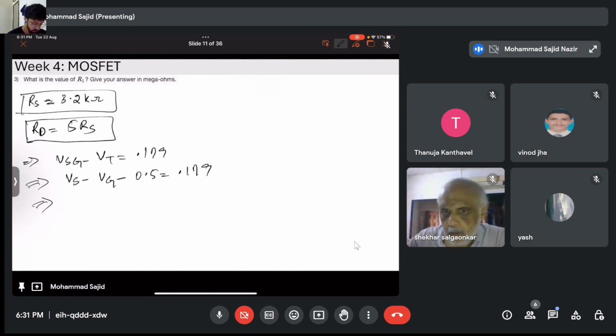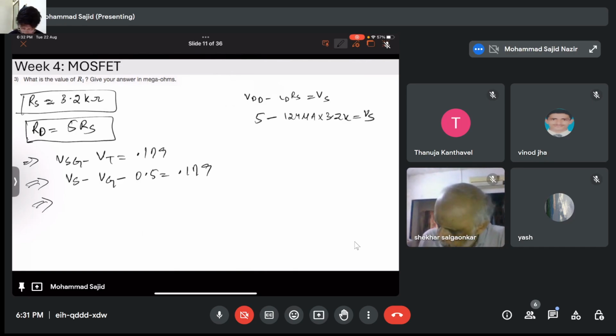Do we have Vs in our hand? We can calculate now, right? This is VDD minus ID Rs is equal to Vs, right? So that means 124 microampere multiplied by 3.2 kilo ohm is equal to Vs. When you calculate it, 0.124 milli multiplied by 3.2 comes out to be 4.6032 volt.